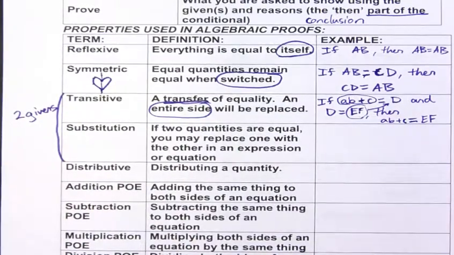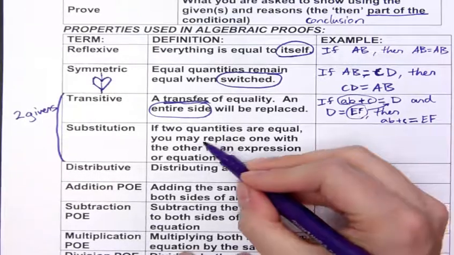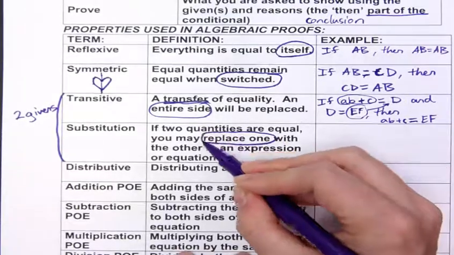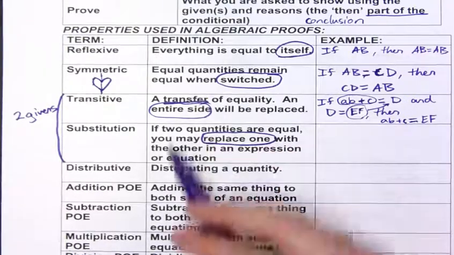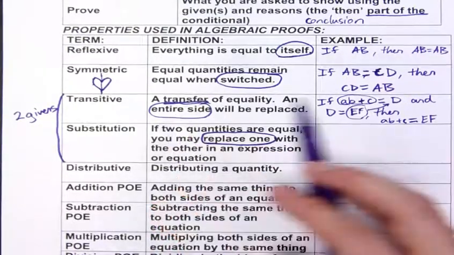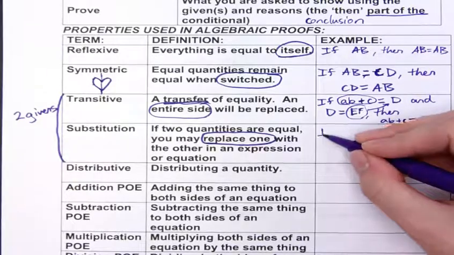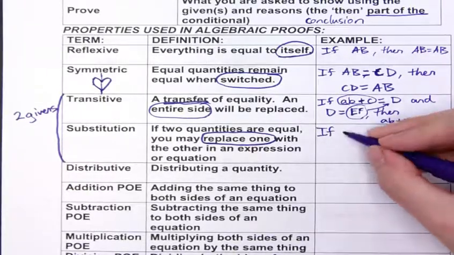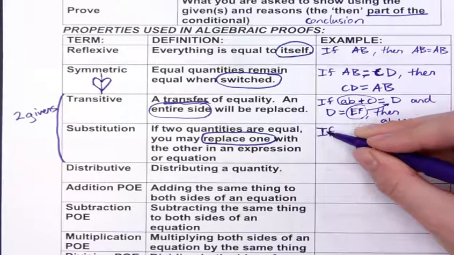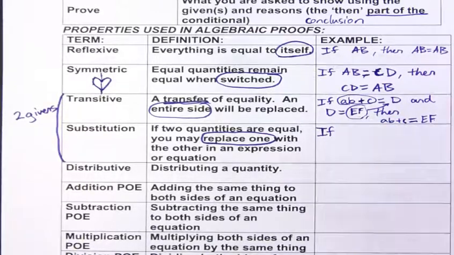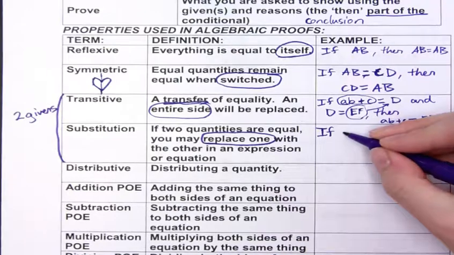Substitution, what happens when you have a substitute teacher? I'm not here, and someone is replacing me. So this is when we replace one with the other, but the difference between these two is that transitive is transferring it into a new equation, replacing the entire side. In substitution, we're just replacing one little thing. So when I'm gone, your whole class is here, and the substitute's just replacing me.